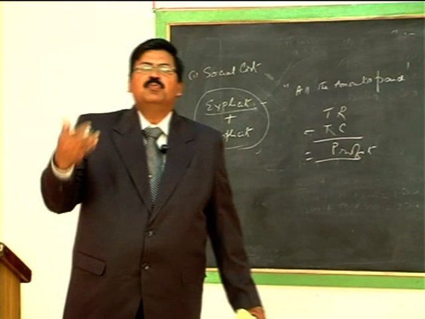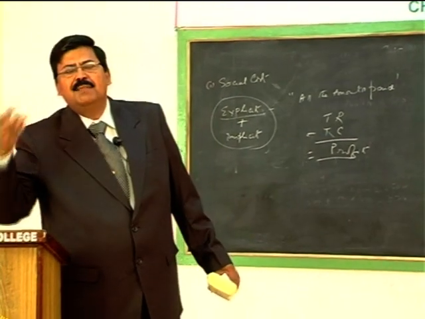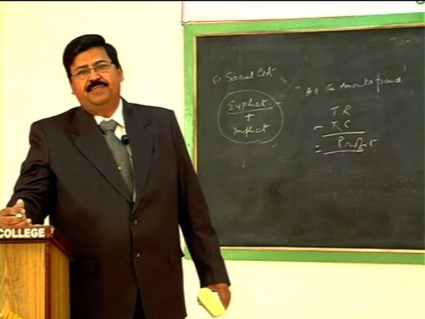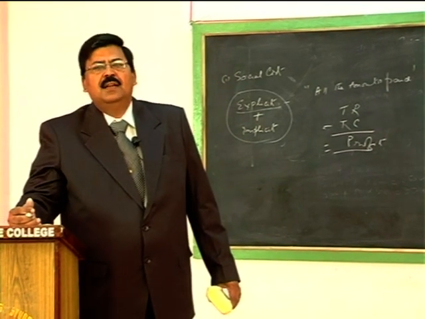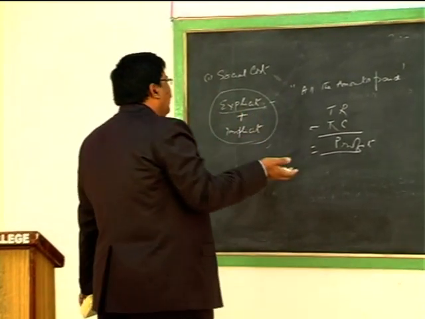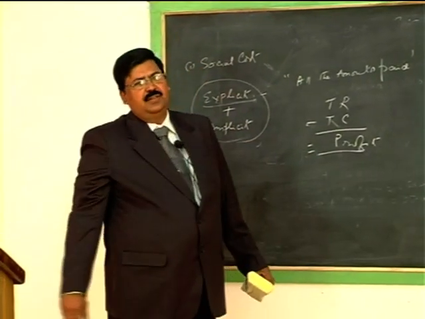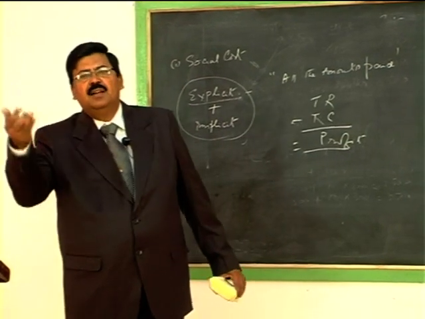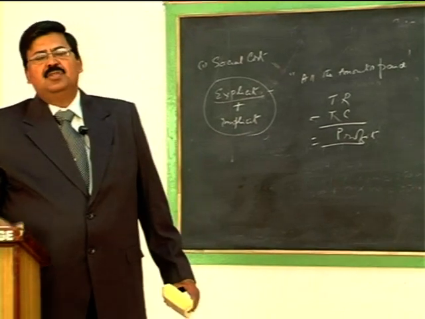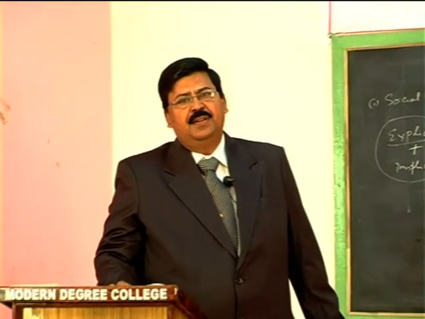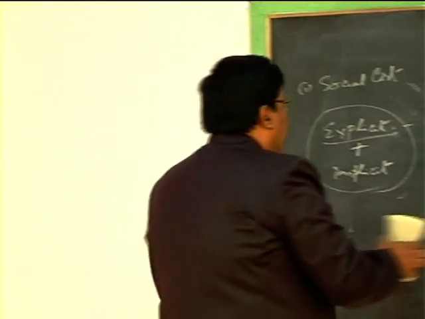If revenue is more than both explicit and implicit cost, that is called pure economic profit. So he is earning over and above the normal rate of return, which could be earned in the alternative ways of investment. So this is surplus generated beyond the normal rate of return. So pure economic profit is different from that of accounting profit. So these are the important cost concepts.